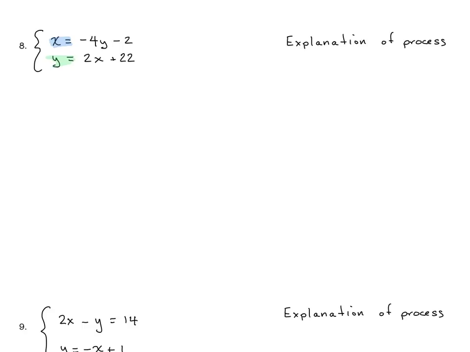So what I'm going to do is, just because for the last couple ones I've used y's, I'm just going to use the x. So wherever I see x present, I can swap the quantity of negative 4y minus 2 in its place.